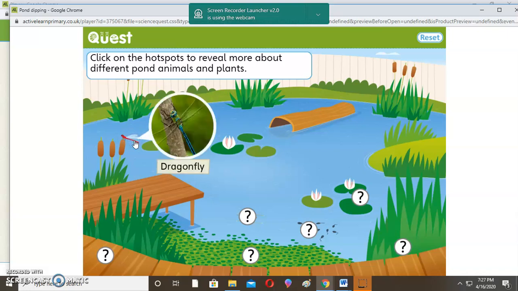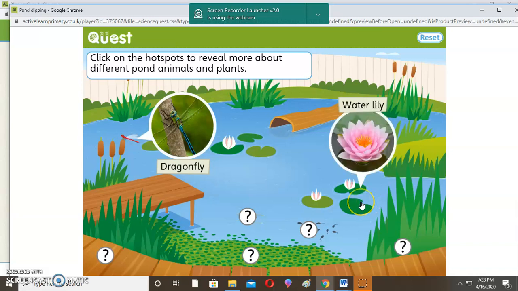This is a dragonfly, but this one itself is a bulrush. Bulrushes are found in pond regions. So this type of plant is known as bulrush, and the insect is a dragonfly.